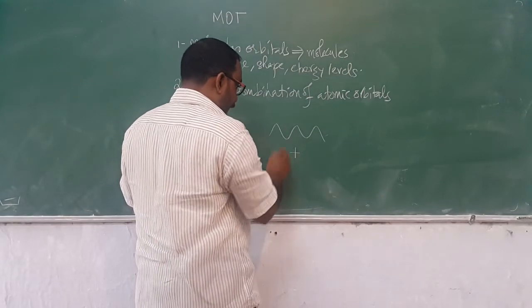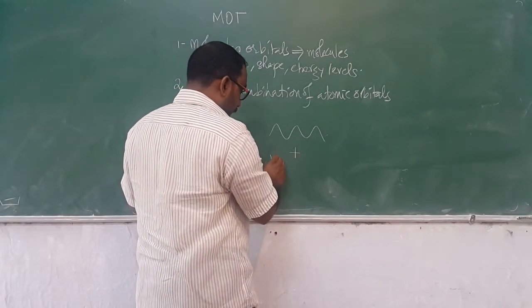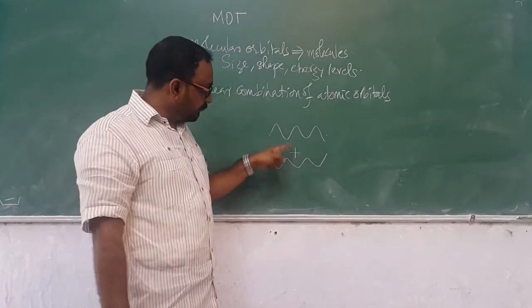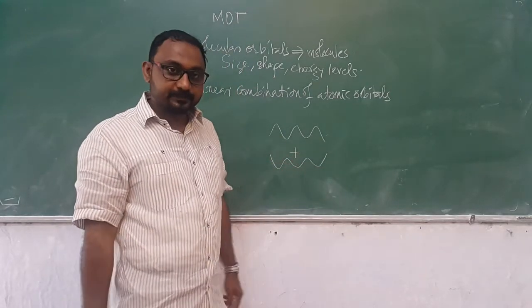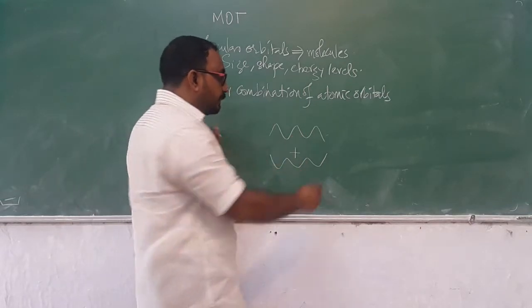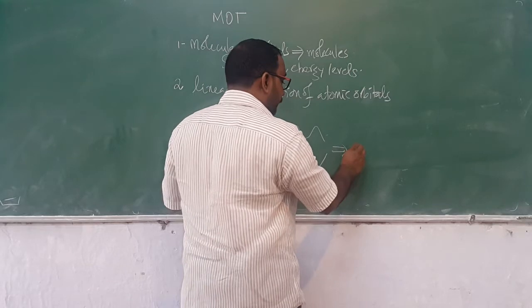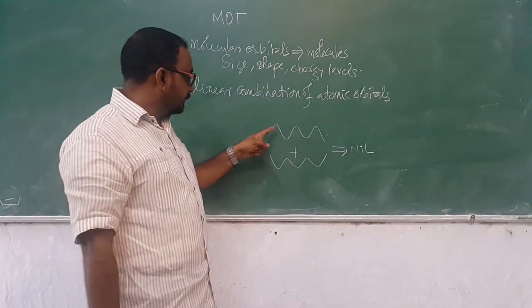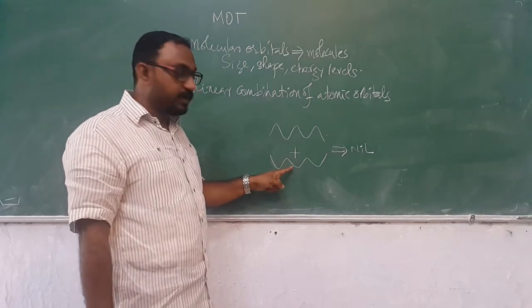Suppose you take this wave, and you take another wave which is out of phase. If you combine these two, there will be nothing, because this wave gets cancelled by that wave.